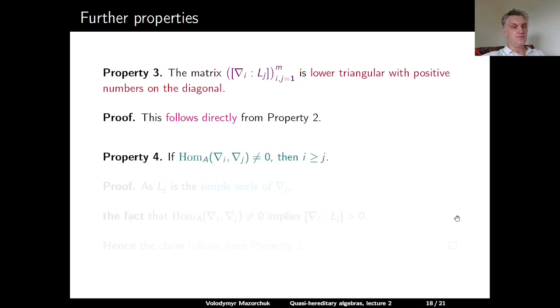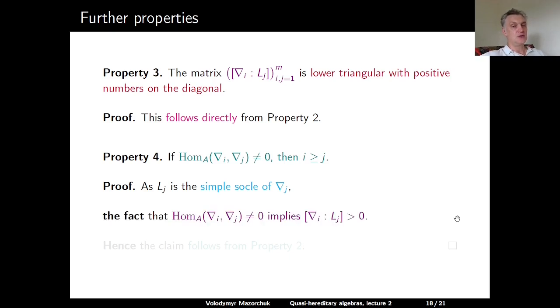And property 4: if we have a non-zero homomorphism from nabla i to nabla j, then i is greater than or equal to j. Indeed, we know that nabla j has simple socle Lj, so if you have a non-zero homomorphism from nabla i to nabla j, the socle must be covered, which means that Lj should be a composition subquotient of nabla i. And then the claim follows from property 2.